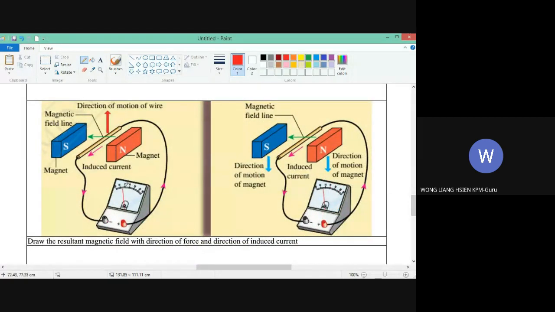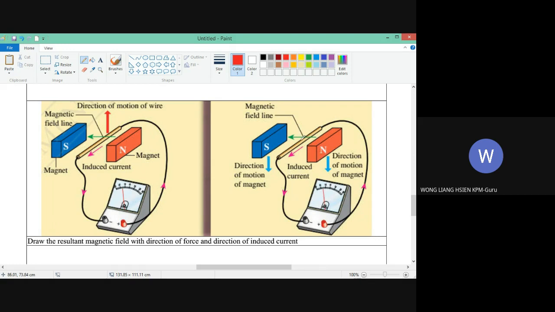So the conclusion is here. This is the magnetic field lines from north to south. When this is the direction of motion, then the direction of induced current is in this direction. If you move the magnet down, that means you don't move the wire, but you move the magnet down.